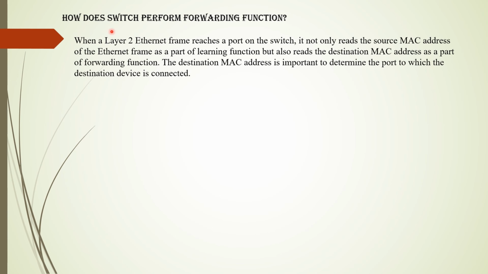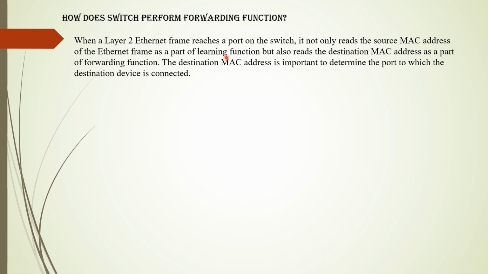How does a switch perform the forwarding function? When a layer 2 Ethernet frame reaches a port on the switch, it not only reads the source MAC address as part of the learning function, but also reads the destination MAC address as part of the forwarding function. The destination MAC address is important to determine the port to which the destination device is connected.